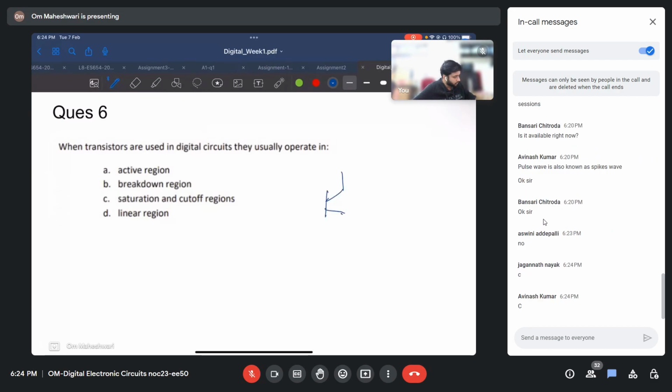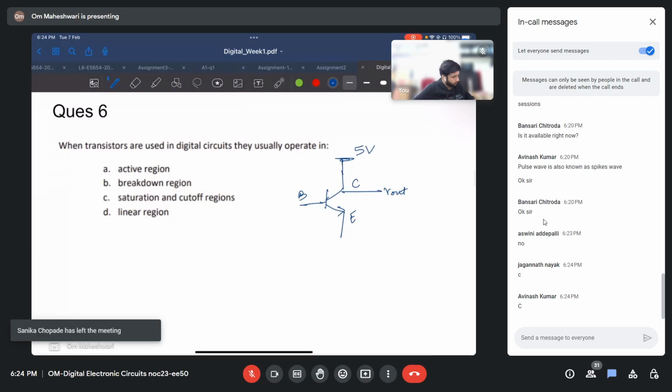Let's just have a MOSFET, at 5 volts here. Let's say RC.